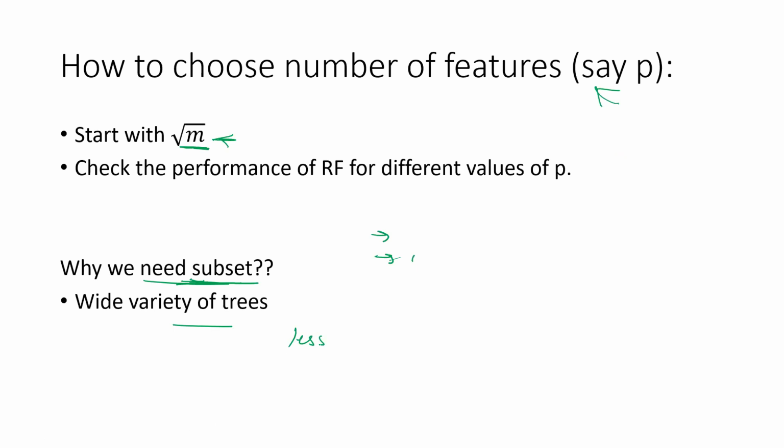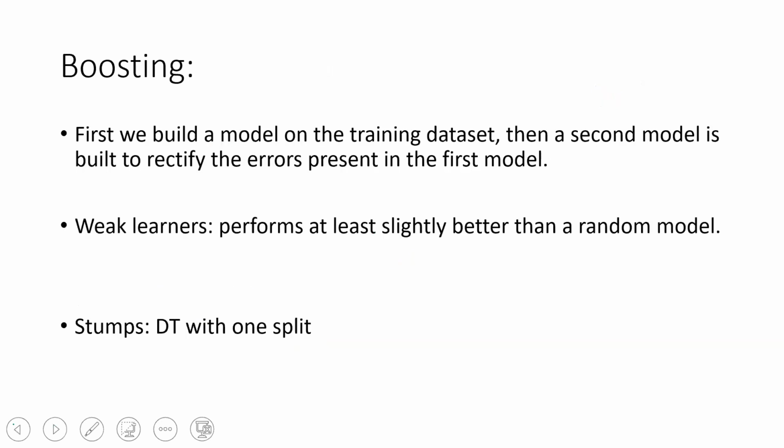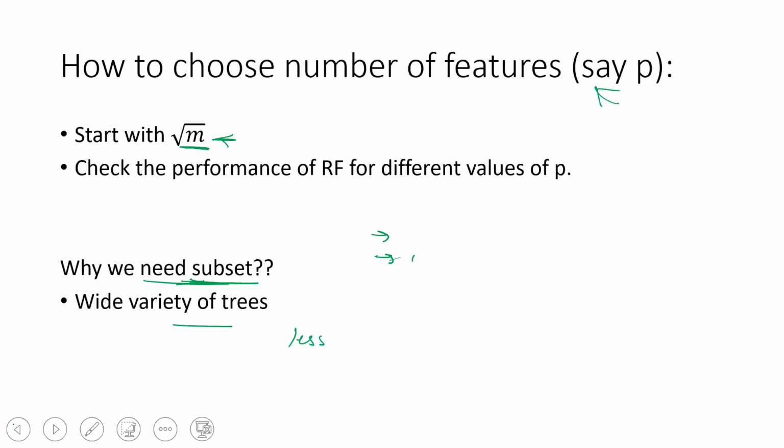Performance will be different, right? Yeah. And if you choose a large number of features, then your performance is going to be kind of the same. That's why we use a smaller number of features to create your decision trees. So this is all about the random forest. Any doubt in bagging or random forest?